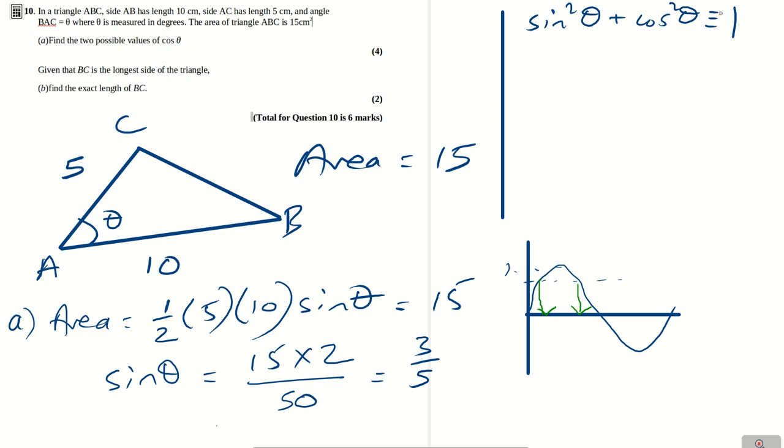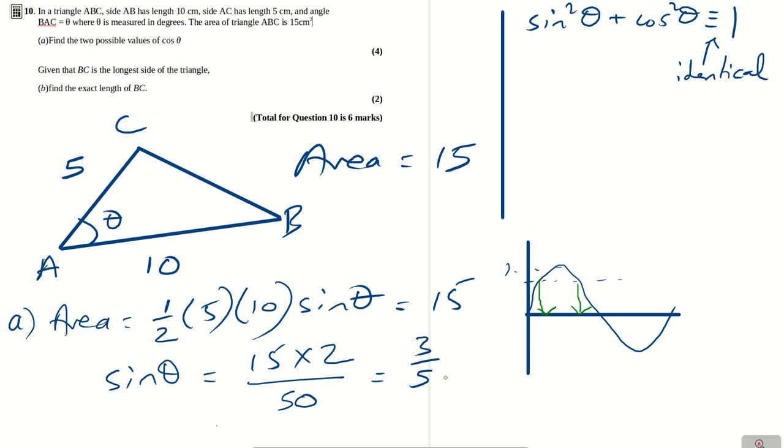The reason there are 3 lines there rather than 2 is because it's identical, which means it's not an equation that depends on the value of theta. It's always true no matter what the value of theta.